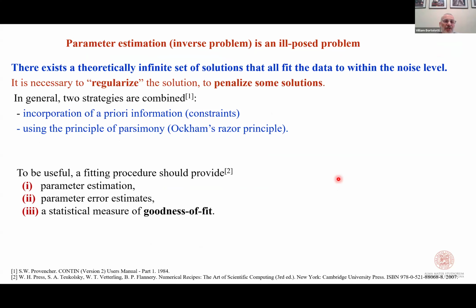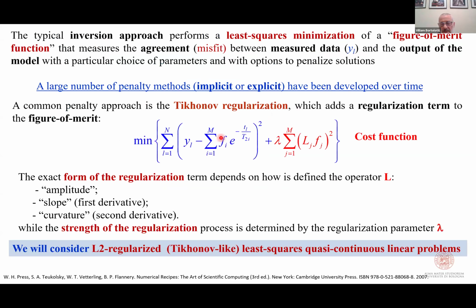Now, the fitting procedure: I have experimental data, I compare the experimental data with the model, and the algorithm, a least square minimization, should contain this term in the quasi-continuum. What is the main problem?